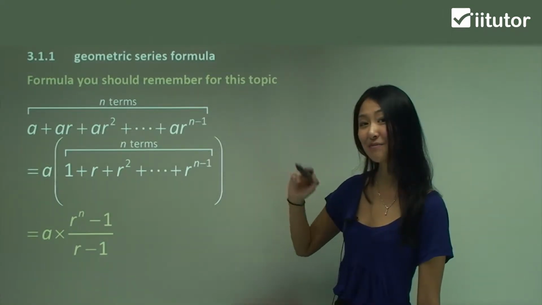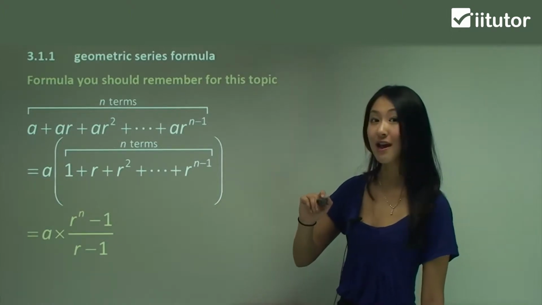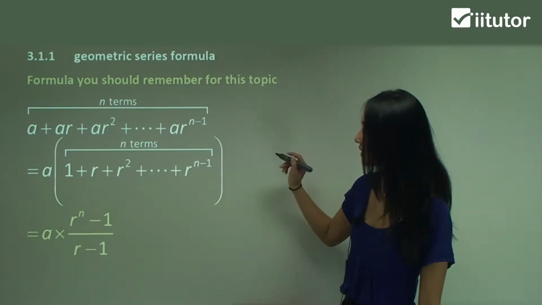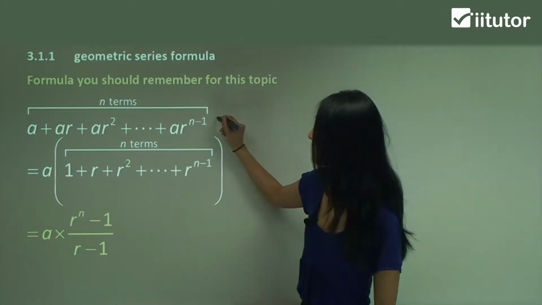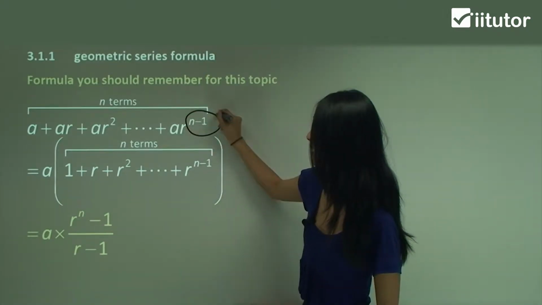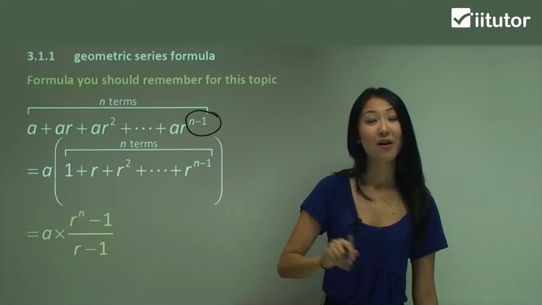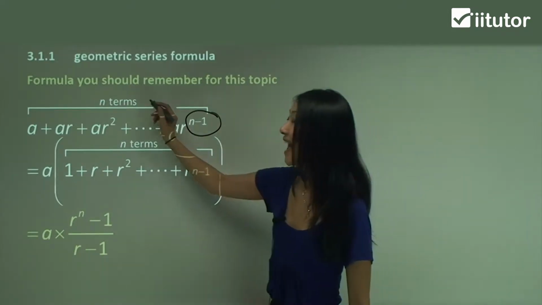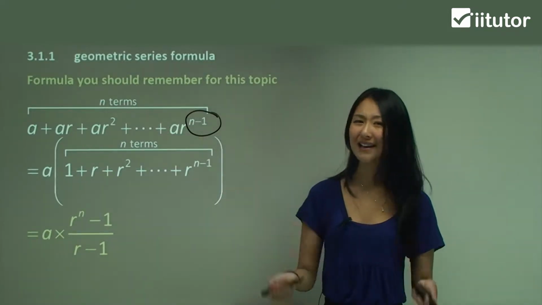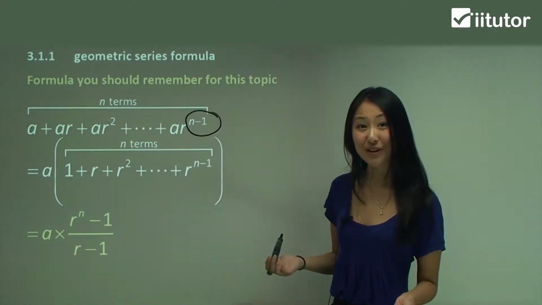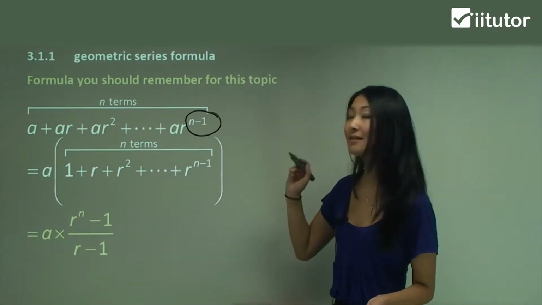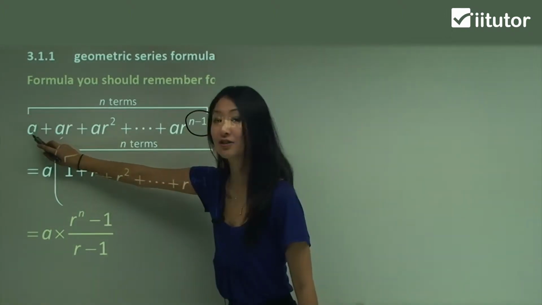Now, a very important point that I want to make to you is that you can see, although our final index says n minus 1, altogether there's n terms. Now, why is that? That says n minus 1, so why isn't there n minus 1 terms? Well, the reason is because of our first term here.